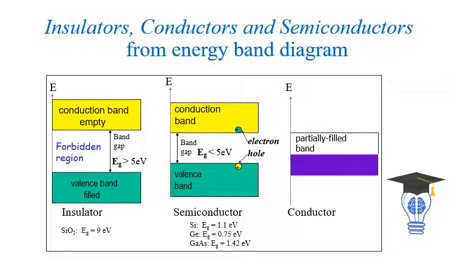There are many materials where this movement of valence electrons from the valence band to the conduction band requires a moderate energy. This category of materials is called semiconductors. The most popular semiconductors we study are silicon and germanium.